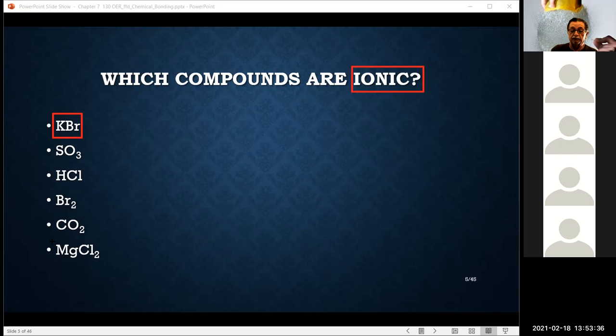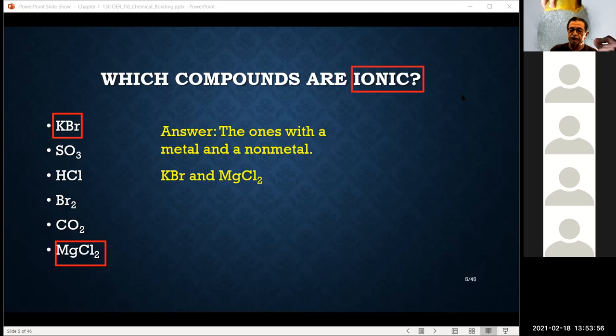And then finally, we have magnesium chloride. Where previously we had calcium, now we have magnesium. So we have a metal and a nonmetal. Of this listing, those are the only ones that are ionic compounds.